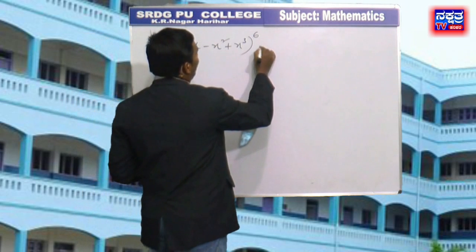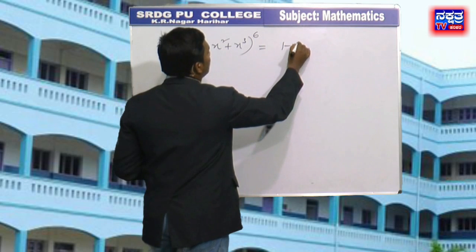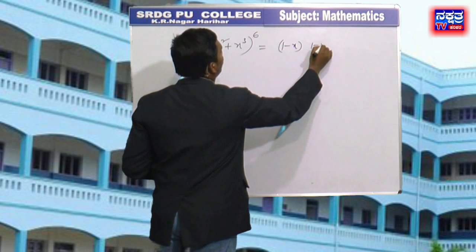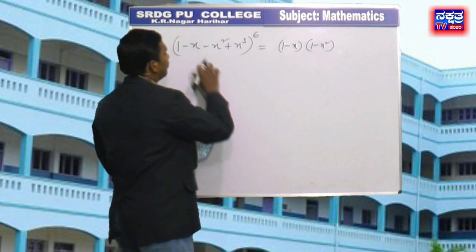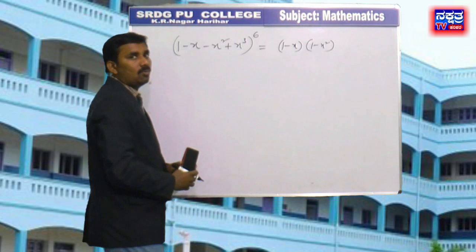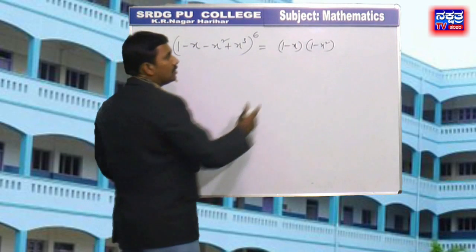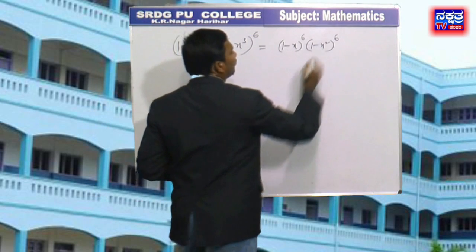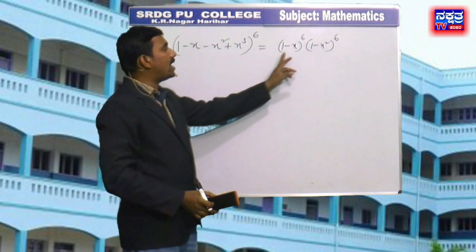So multinomial expansions, and that too, this expansion has a special property. What is that? You can write it as (1 minus x) into (1 minus x square). This base you can write as (1 minus x square), x into (1 minus x square). So whole power 6. Now you got 2 binomial expansions.